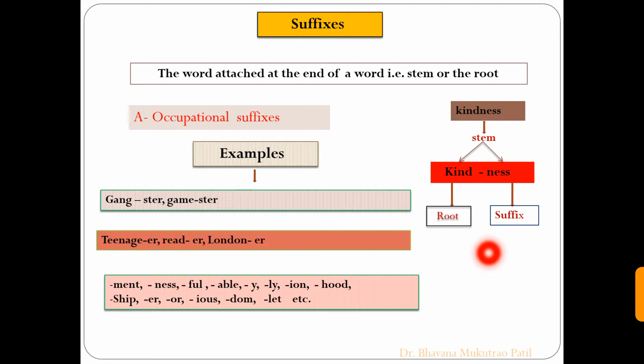In this way, I just finished what is morphology, what is morpheme, types of morpheme. Morpheme has two types, free morpheme and bound morpheme, and how the bound morphemes are in the form of affixes, and affixes have different types. I just finished here. Thank you very much.